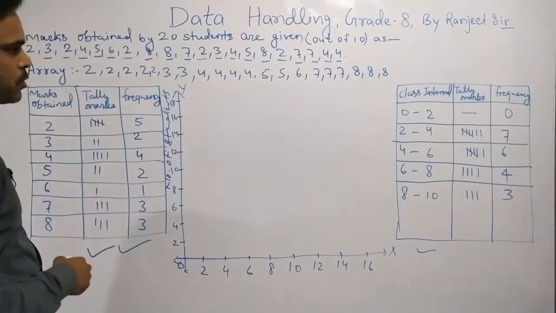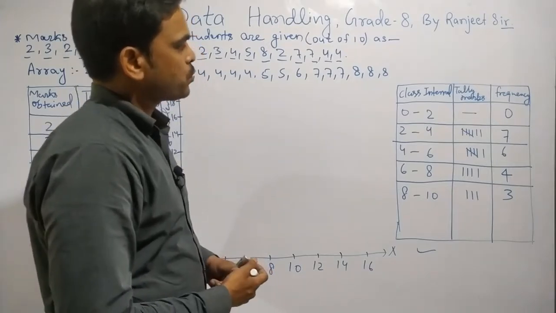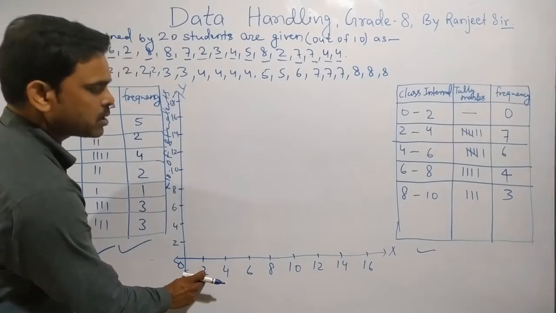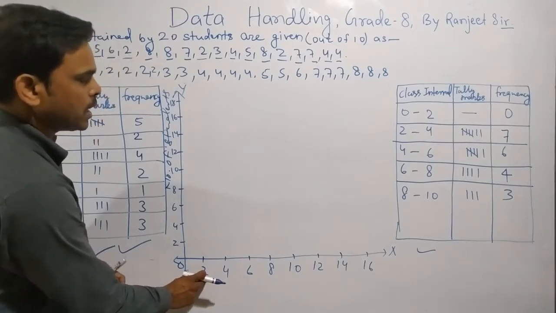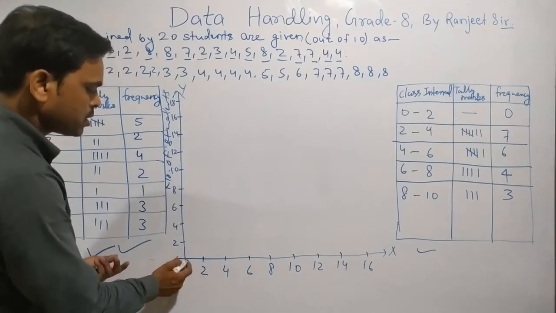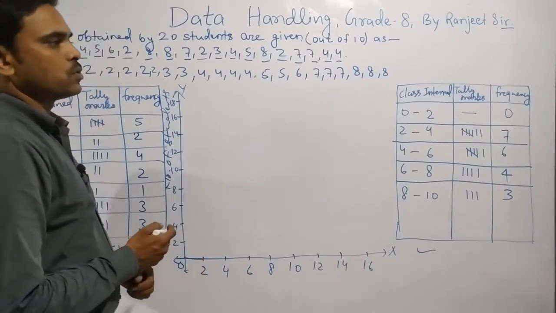This is the number of students. Now we'll try to represent it. First one is 0 to 2. 0 to 2 means this much interval, this much distance we will have to use for representing 0. We will simply consider this is only the 0 to 2.